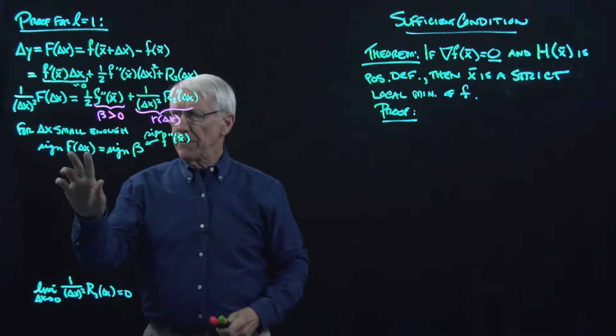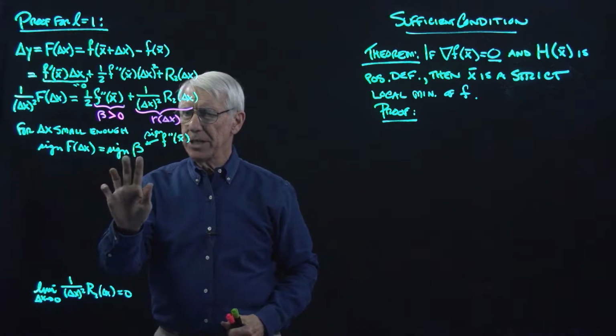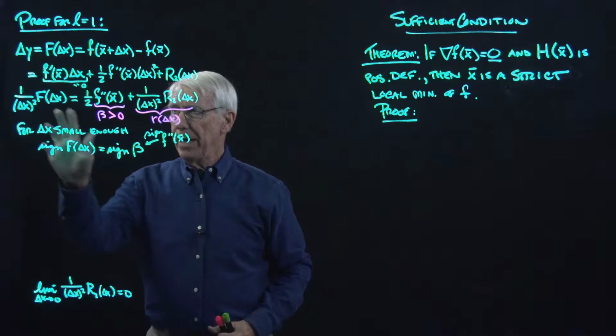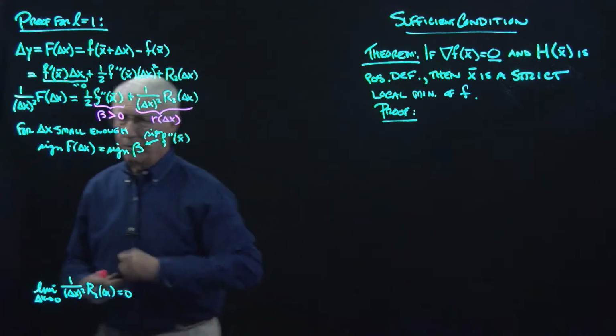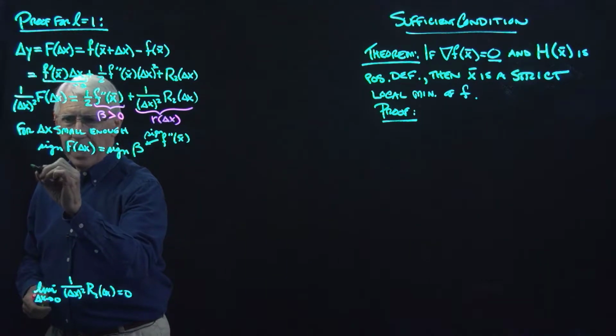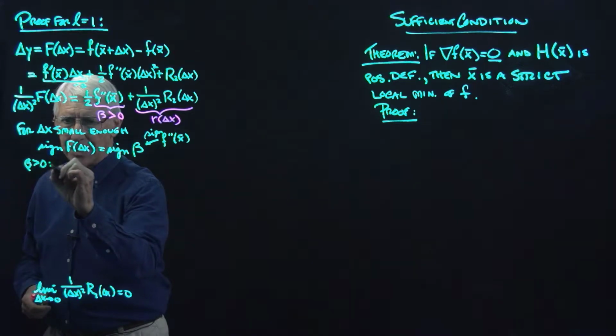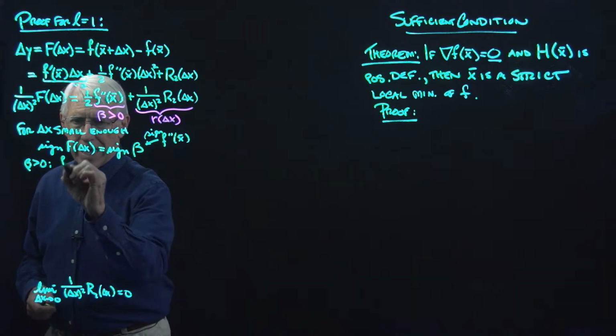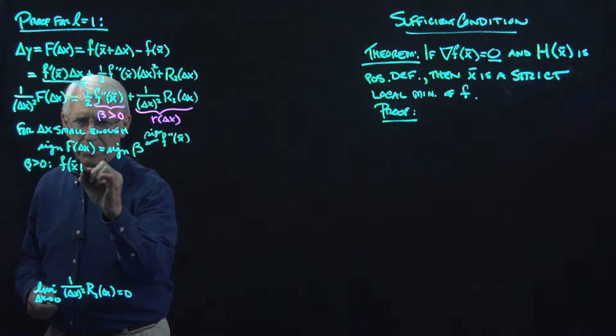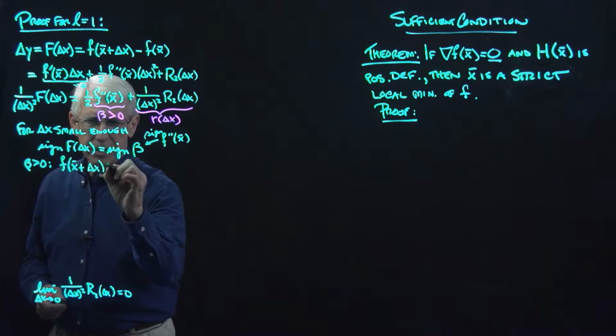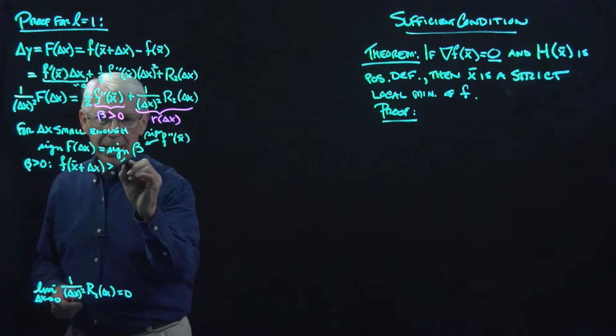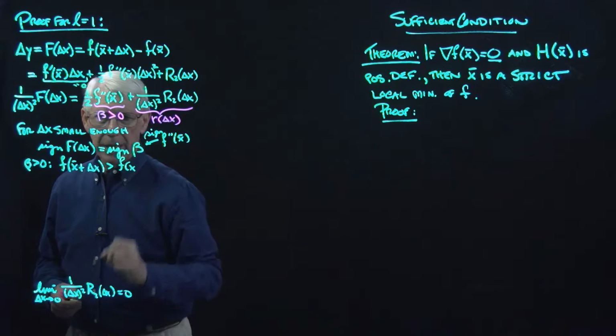And so if the sine of this is the same as the sine of this, if this is positive, then f of delta x is positive. And so that says that beta positive gives us f at x bar plus delta x is bigger than f at x bar.